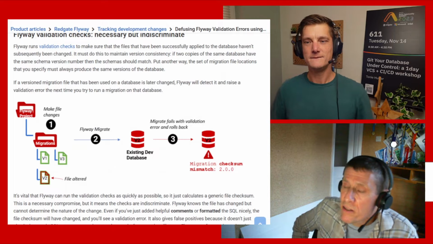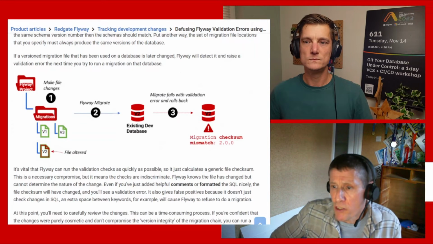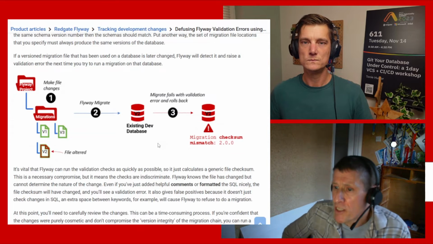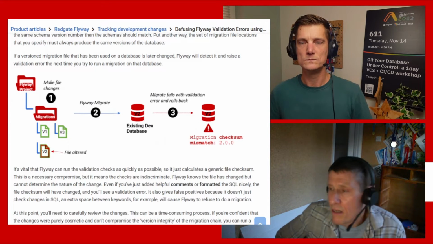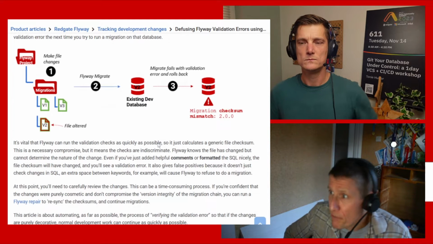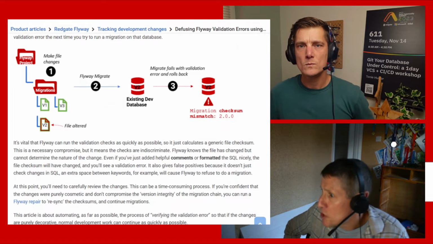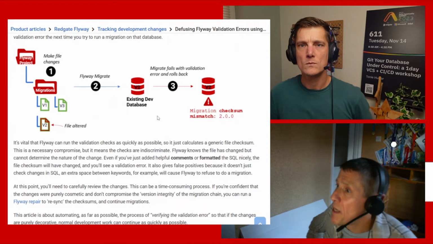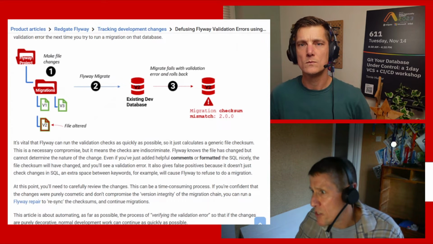The diagram there is just an example of a checksum mismatch validation error because somebody's edited an existing migration file that's already been applied to that database. It has to be a fast check because you could have a lot of migration scripts, so it's just a generic file level checksum calculation.